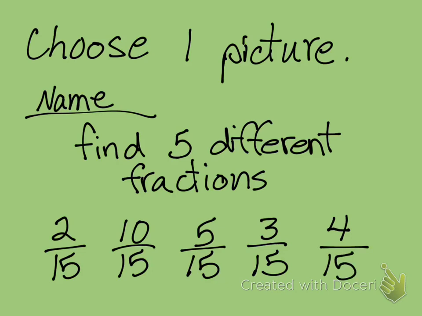Okay, so let's say that you had those 5 fractions. So what I would like you to do is write those 5 fractions in order from least to greatest. Okay, so I'm going to get rid of, so let's see what we had here. 2, 3, 4, 5, 10. Okay, so let's get rid of these guys. There we go, my handy dandy eraser.